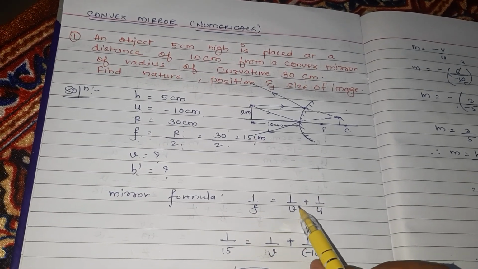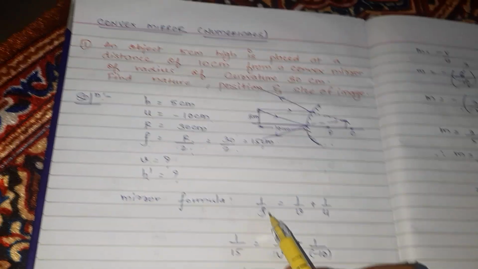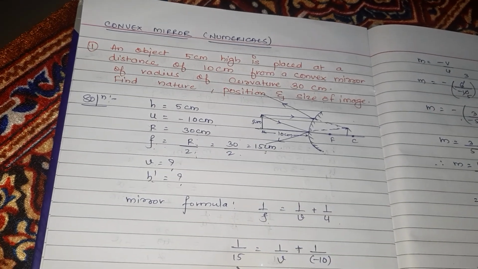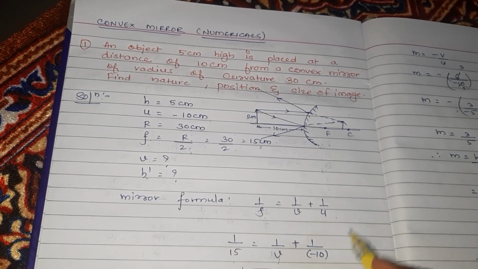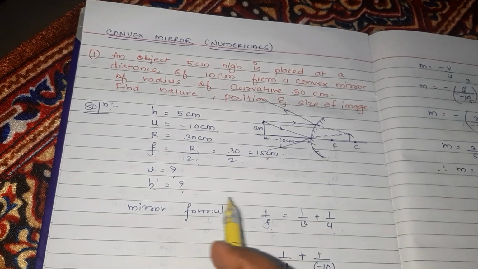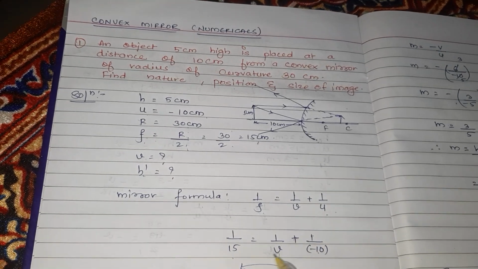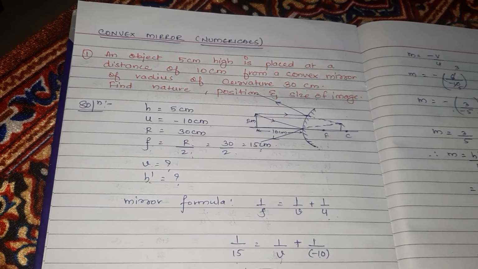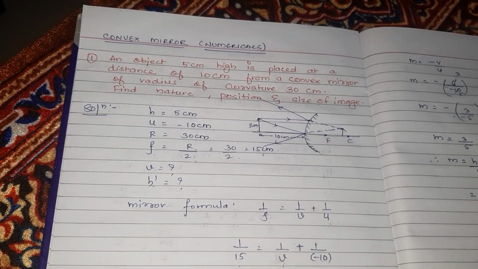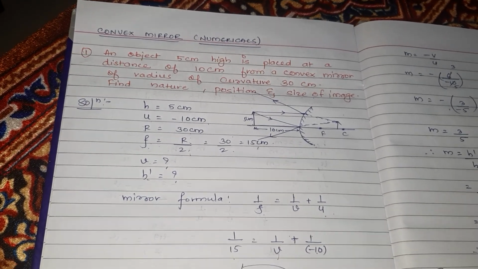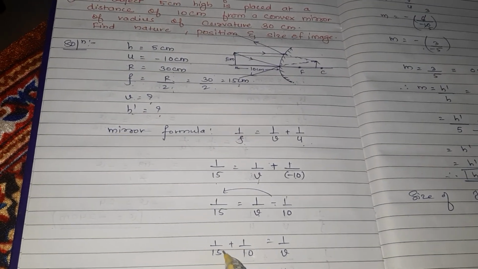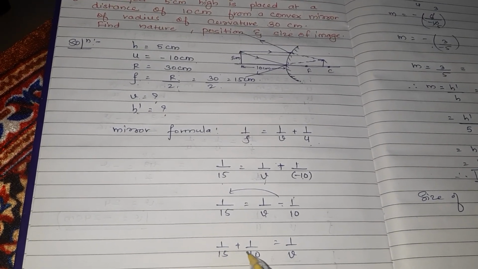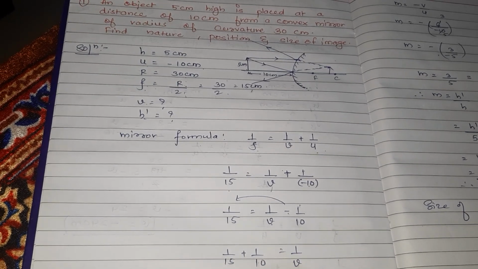1 upon f is equal to 1 by v plus 1 by u. What is the value of f? 15 centimeter. v we need to find out, and what is the value of u? Minus 10. So I have put those values. 1 upon 15 is equal to 1 by v plus minus 1 upon 10. Taking this term to the other side, I get 1 upon 15 plus 1 upon 10 is equal to 1 by v.